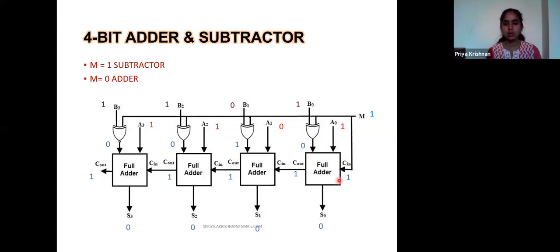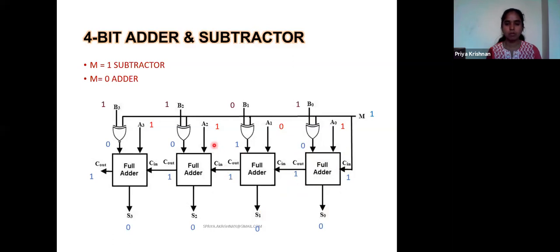Now we are going to add. This is a full adder circuit, so this full adder is going to add the outputs. 0 plus 1 plus 1: 1 plus 1 is 0 and carry 1, so the 0 came here and 1 came out as Cout. Again 1 plus 1, the output is 0 here and the carry came out here.